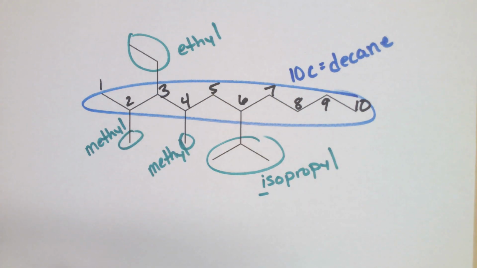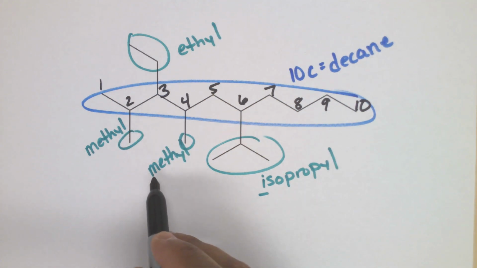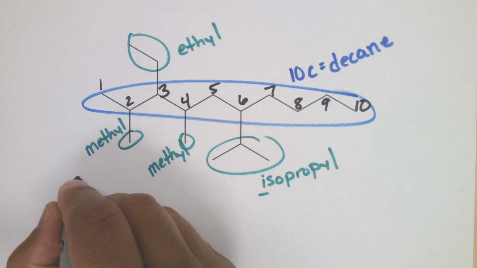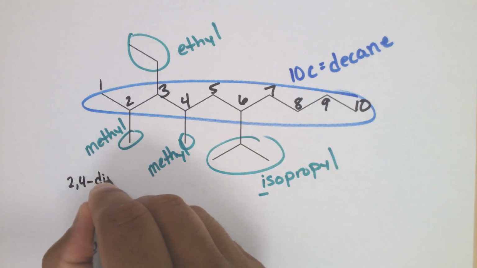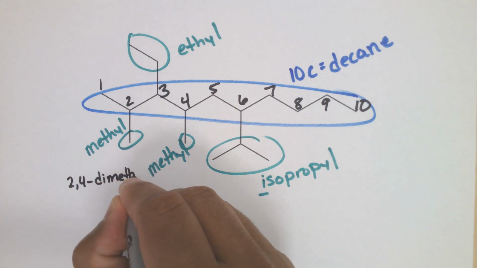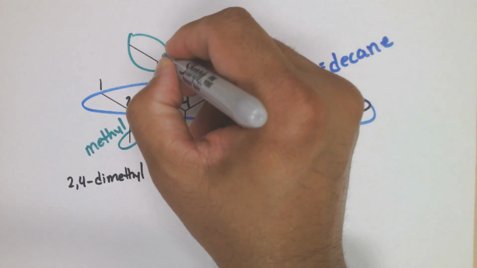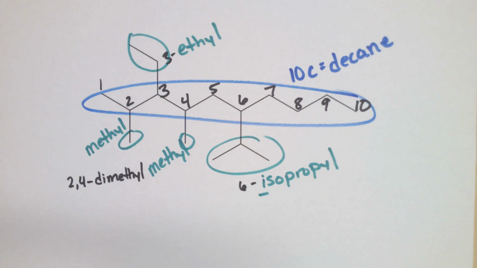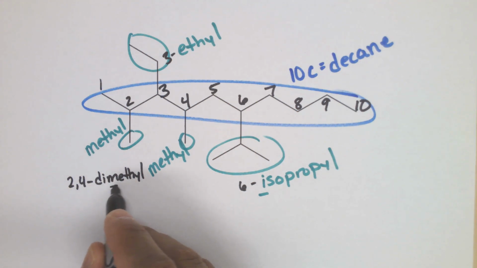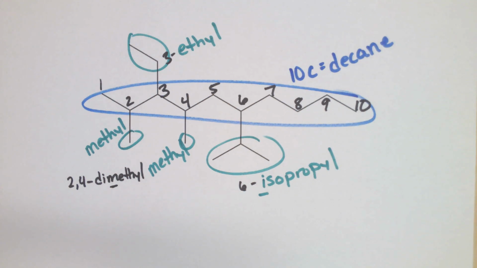We've seen this before where we have multiple substituents or multiple alkyl groups that are identical. And so here this would be a 2, 4, and we have to tell the reader this is a dimethyl. Here we would have a 3-ethyl and a 6-isopropyl. For alphabetical order rules, the prefixes di, tri, and tetra, etc. are not part of our alphabetical order, so we'll use M for our alphabetical order rule.